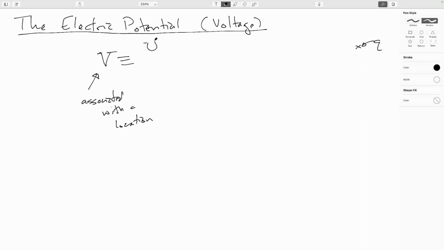There will be some electric potential energy associated with how this charge is interacting with all the other charges everywhere. We then take whatever charge I put there and divide it back out. Similar kind of idea to what we did with the electric field.